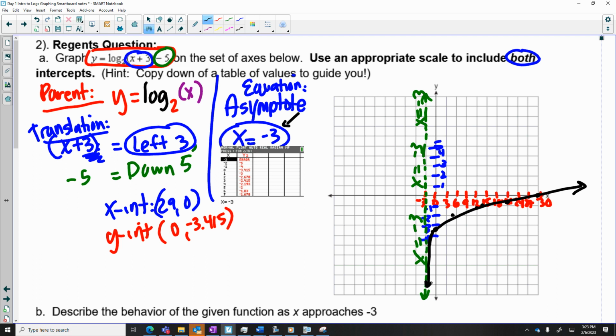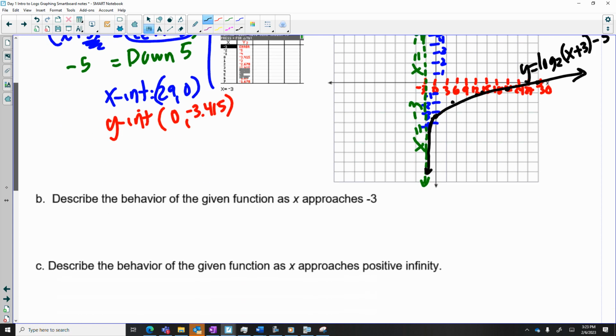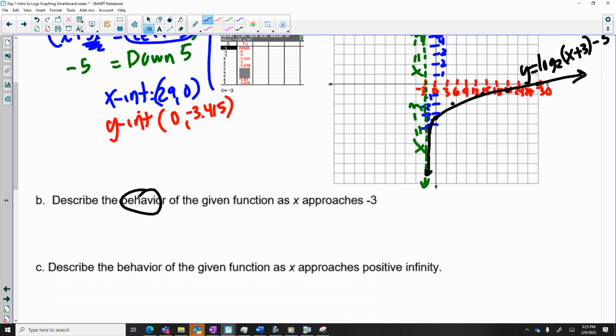So here's my equation. I should technically label it log base 2 of (x plus 3) minus 5. Now, if I scroll down and look at the rest, this part says, describe the behavior, this is like end behavior, as x approaches negative 3, all right? So as x is approaching negative 3, I'm going to highlight my function here now in yellow.